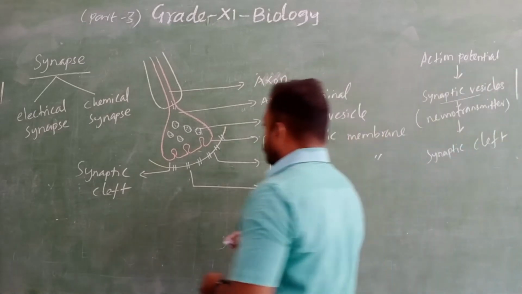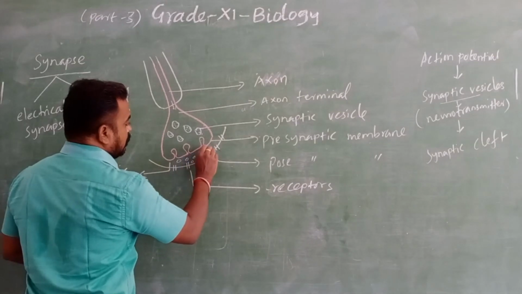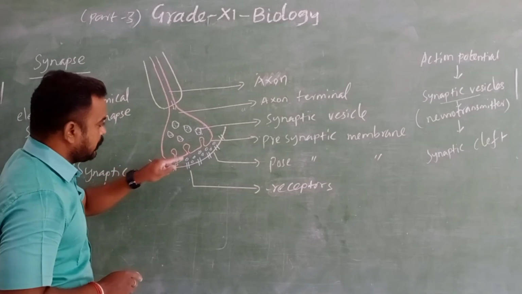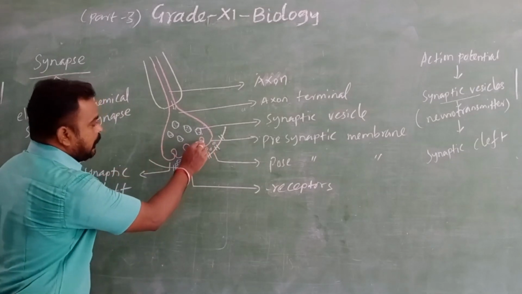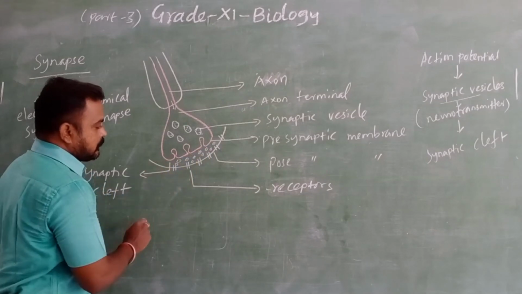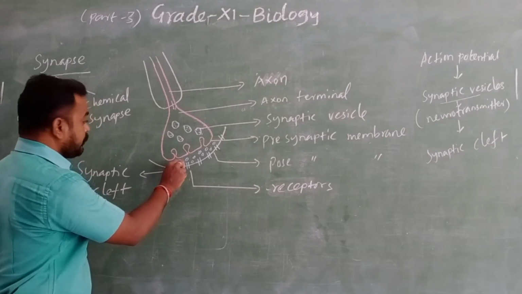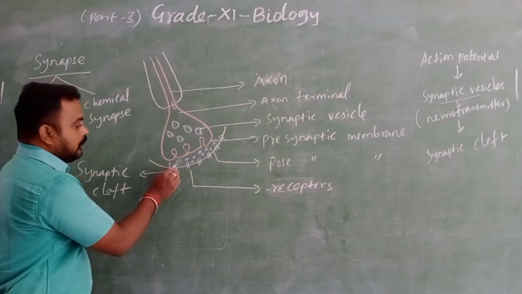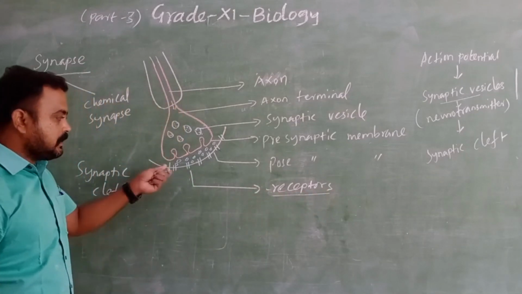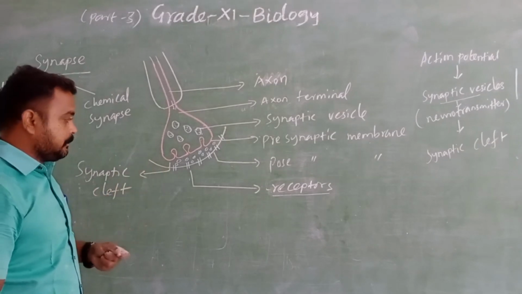The vesicle opens here. When neurotransmitters arrive in the synaptic cleft, they are received by the receptors.